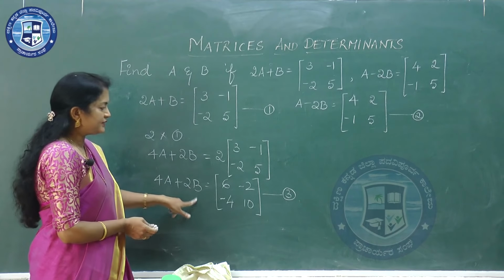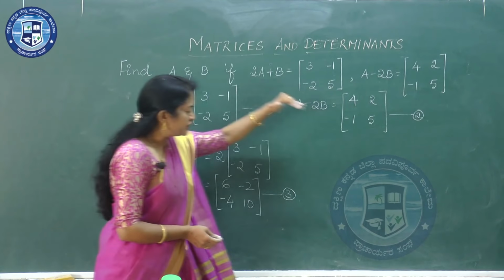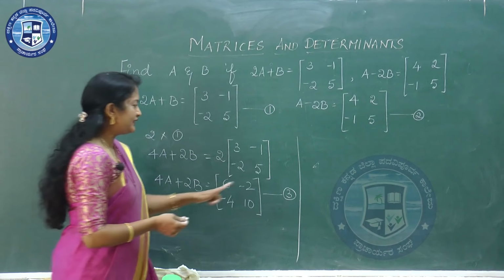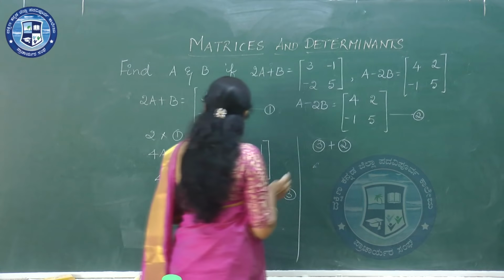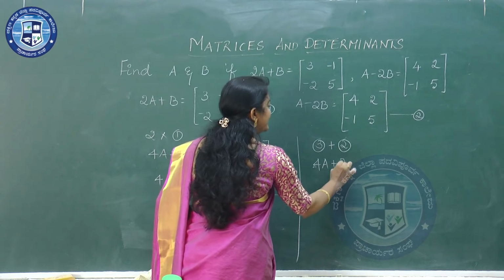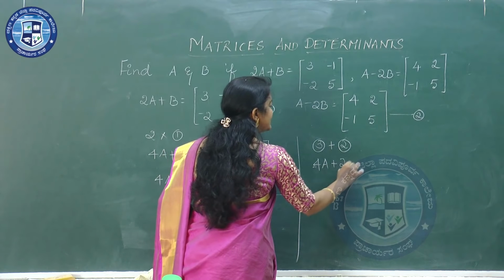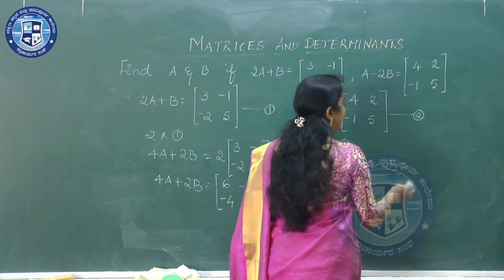Now here 4A plus 2B is there, here A minus 2B is there. From equation 2 and equation 3 we will try to get A and B. Now we will do equation 3 plus equation 2. Equation 3 LHS is 4A plus 2B. Equation 2 LHS is A minus 2B. We are adding both LHS and also adding RHS.